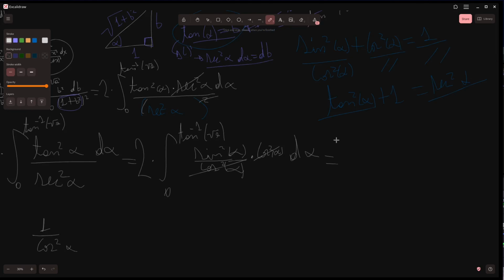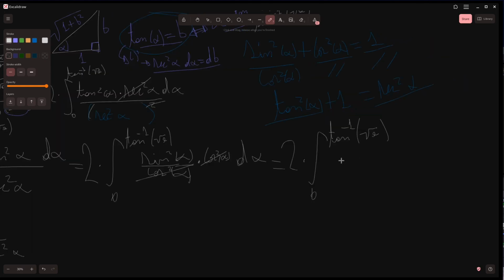And we get 2 times the integral from 0 to the arctangent of the square root of a of, so we get the sine square of the angle, d alpha, the derivative of the same angle.